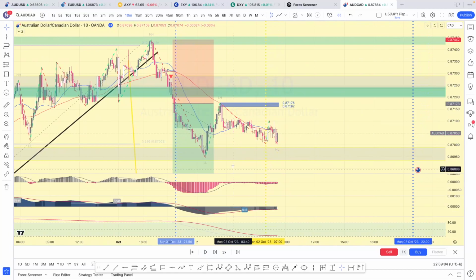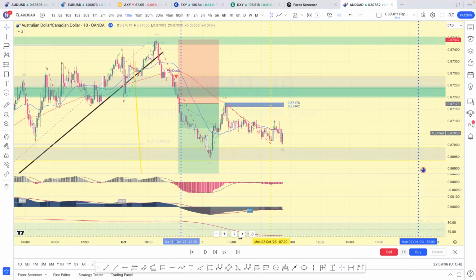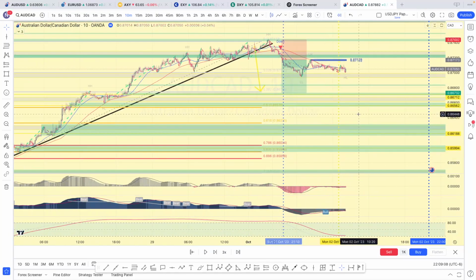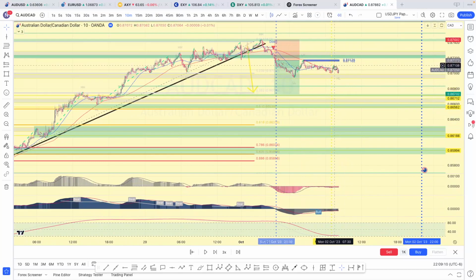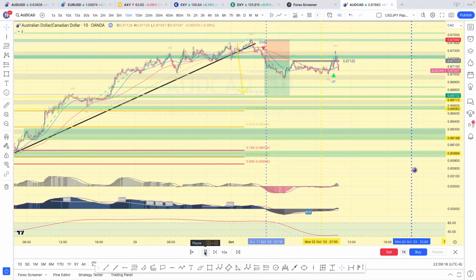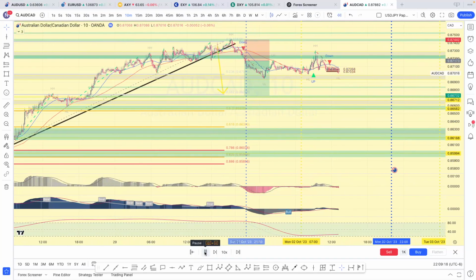Okay, no. And so just to let it play out for the rest of the day all the way to this next blue line, see what it does. Consolidate.